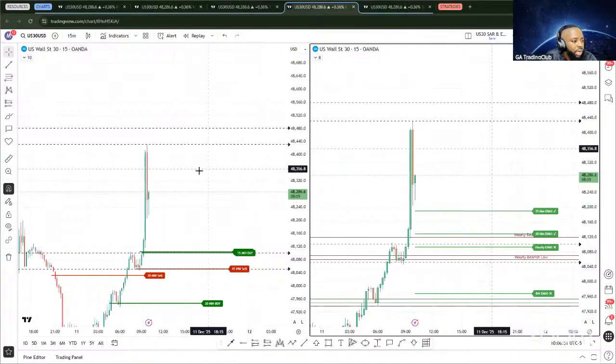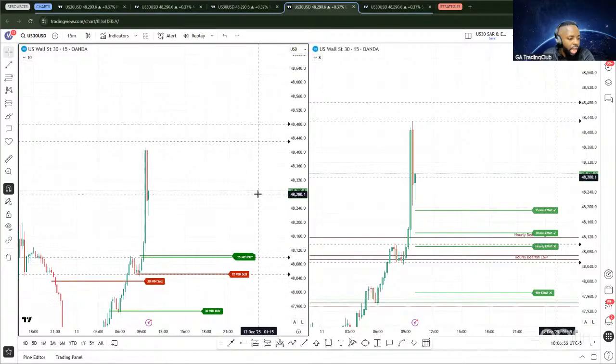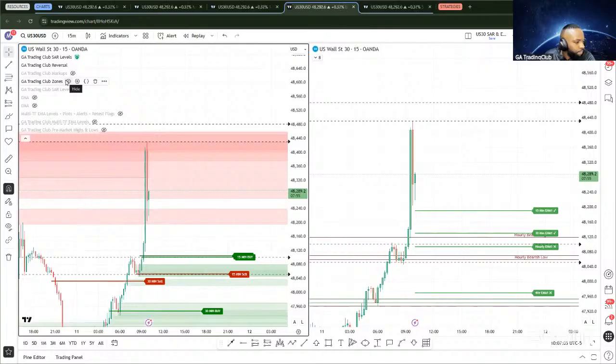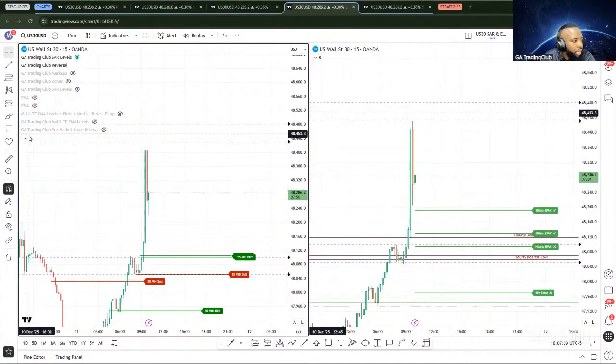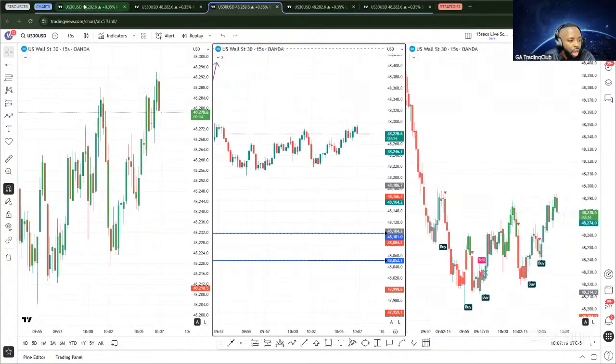Regarding the SAR and EMA entries, I really don't see the zones. Yeah, I mean, it's possible you get an SAR entry, but I'll stay on for the live session, maybe 15 minutes. We'll see if this gets tapped in.